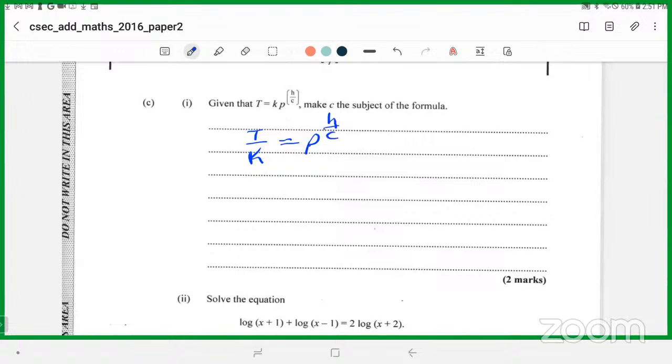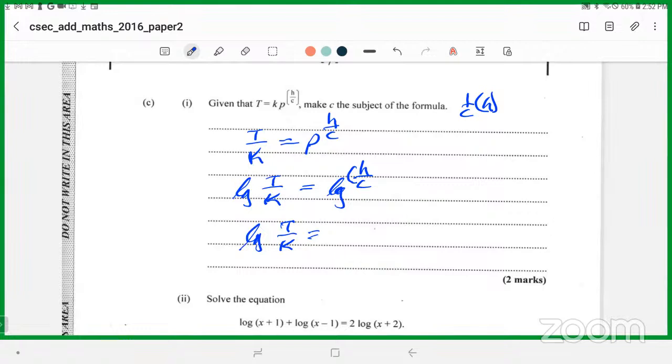Then I'm going to take logs of both sides. I'm going to get log of T over K equal to log of P to the H over C. Now this H over C is the same as 1 over C times H, so I'm going to move the 1 over C to the front and leave the H. I'm going to get the log of T over K. So what happened to the P?